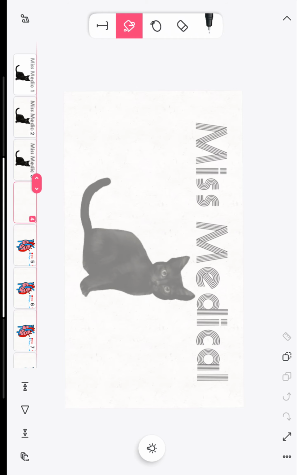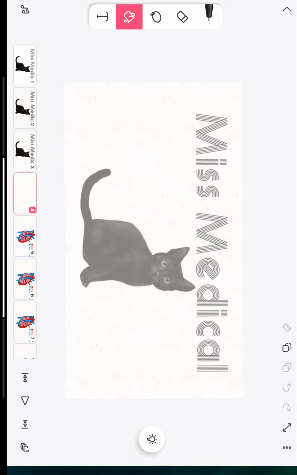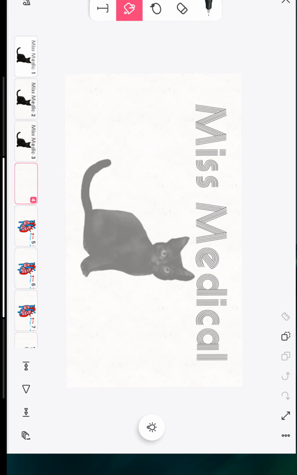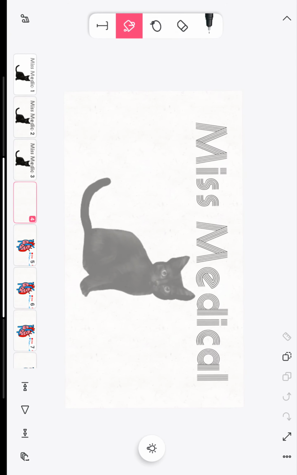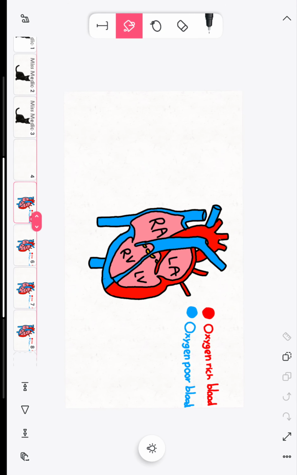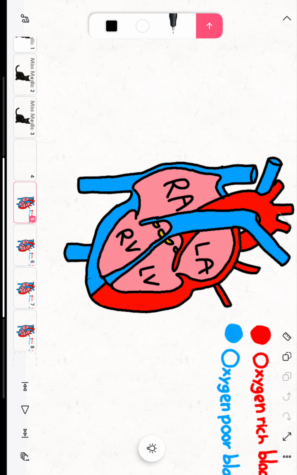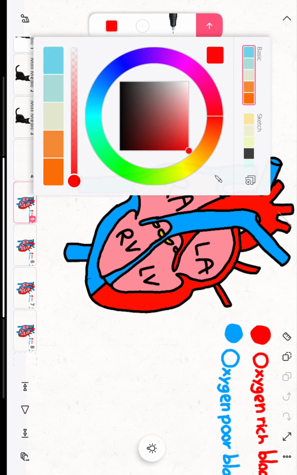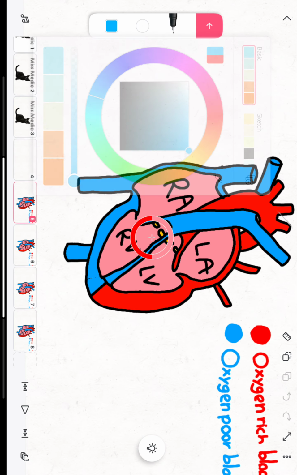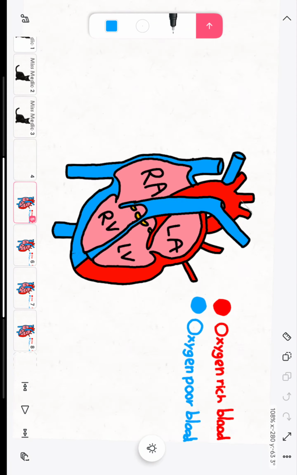So today we'll be talking about Tetralogy of Fallot, also known as TOF. A normal heart will have a blood cycle like this.